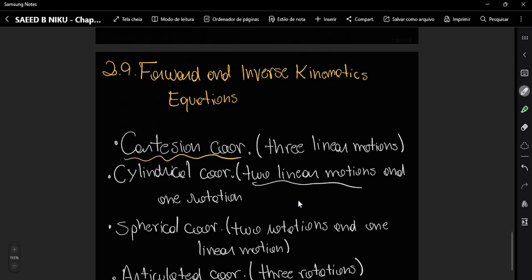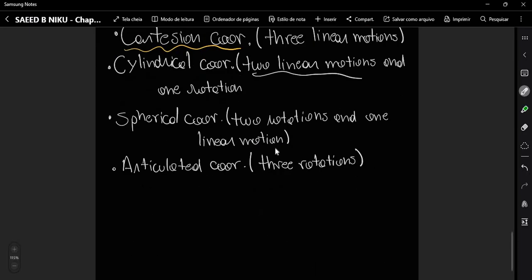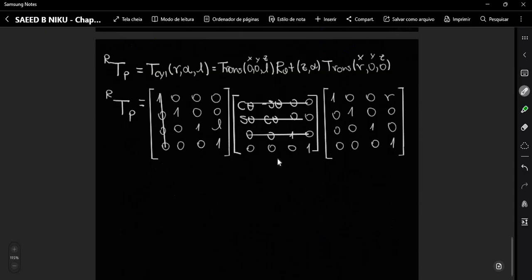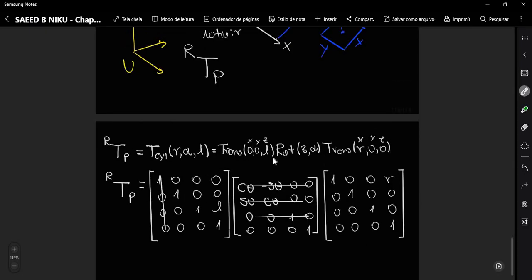First of all, when we are referring to cylindrical coordinates, we are referring to two linear motions and one rotation. These two linear motions are translations, and one rotation. As you can see on this transformation equation, we have this transformation, this other transformation, and this rotation.